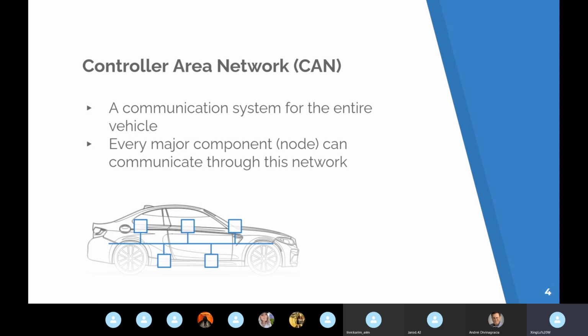You could have sensors on your gas tank, your tire pressure. In a normal car, there's about 70 to 80 different nodes that are usually connected. In our car, we only have three: the VCU, the BMS, and the dashboard. It's just a large network to connect all of our systems so they can communicate.